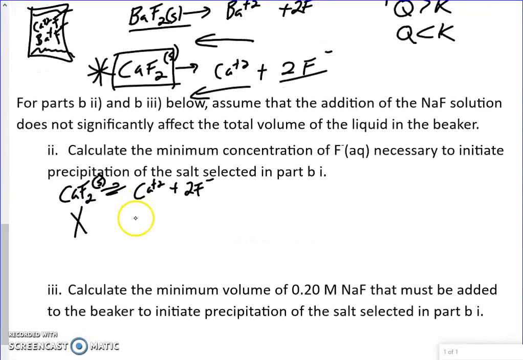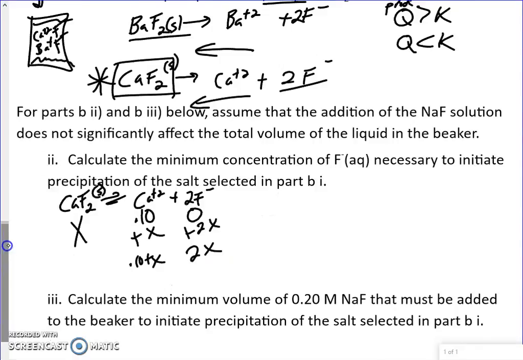So think of it as the common ion effect to some extent. So we already have 0.10 here and 0 fluorine. So plus x, plus 2x: 0.10 plus x, and 2x. And again, 0.10 plus x is going to be very small, so we can assume x is negligible.